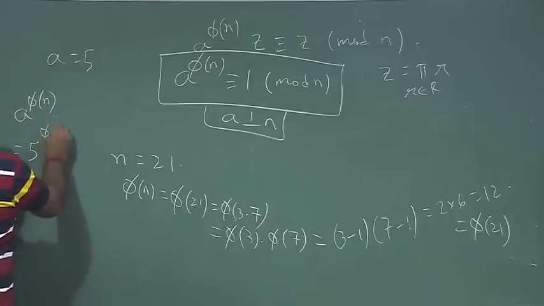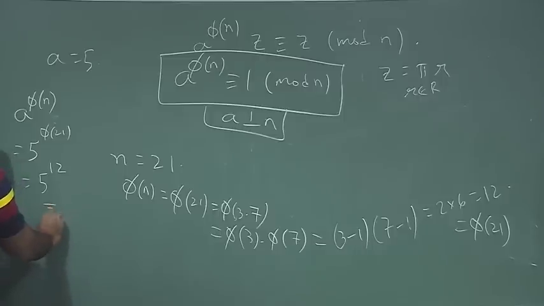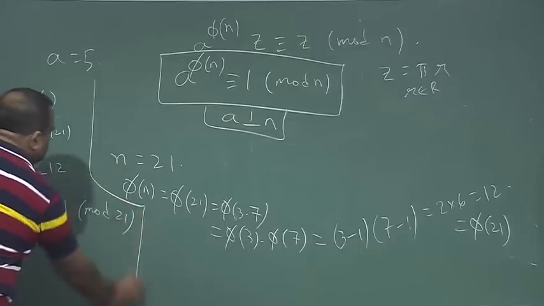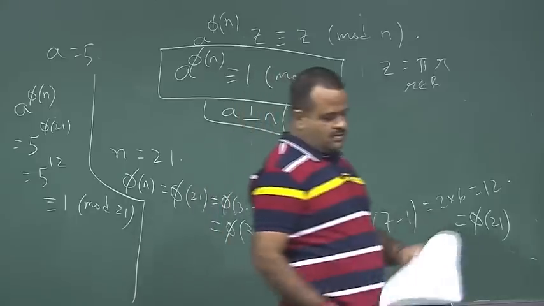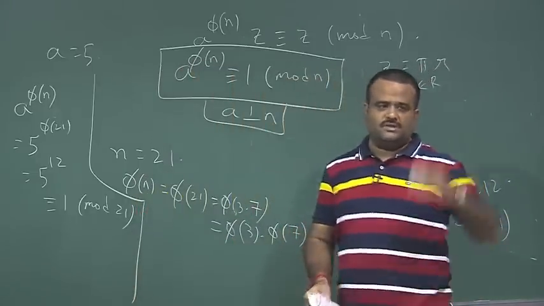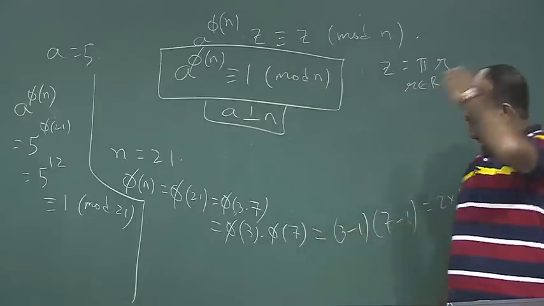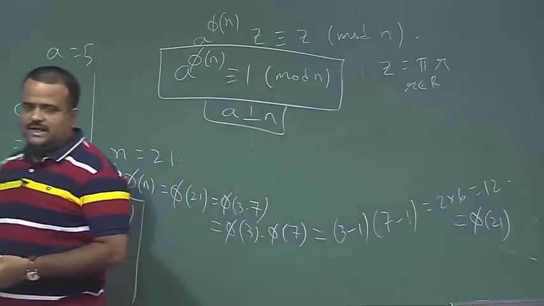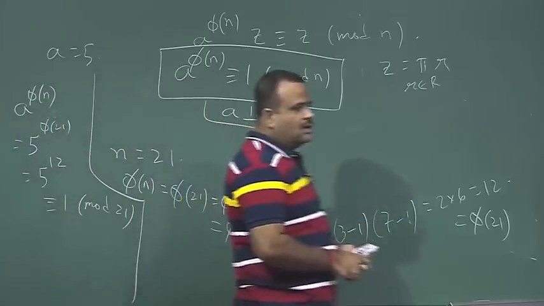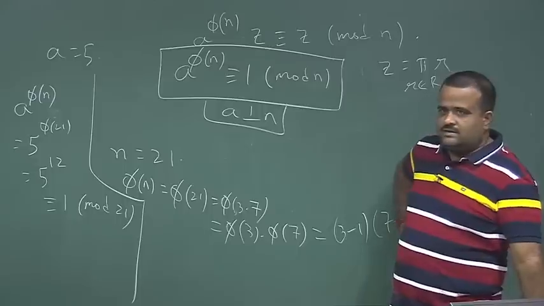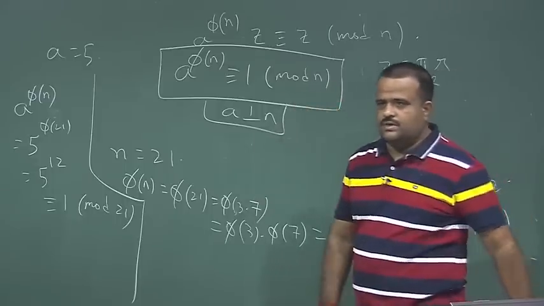We can easily verify that this is congruent to 1 mod n. This is an example of Euler's theorem, and we have seen that Fermat's little theorem is a particular case of Euler's theorem. We will use this in many cryptographic algorithms like RSA. To prove the correctness of RSA, we need to have this theorem in our hand.